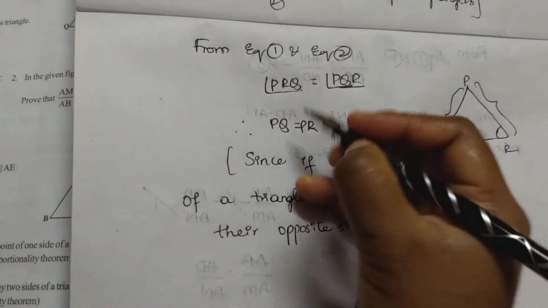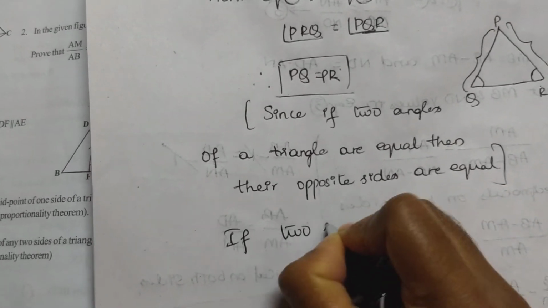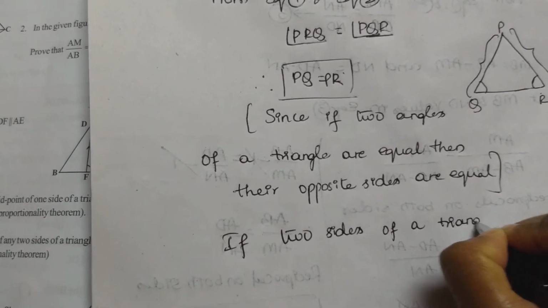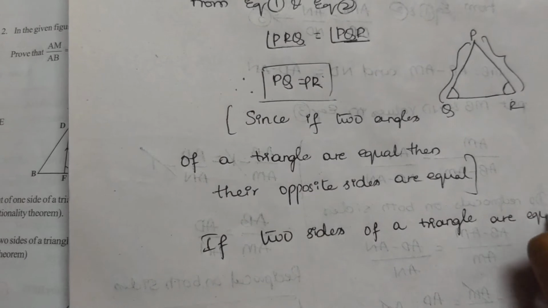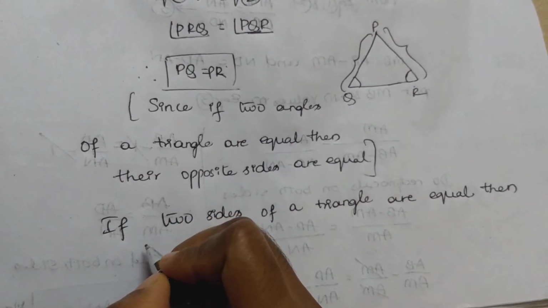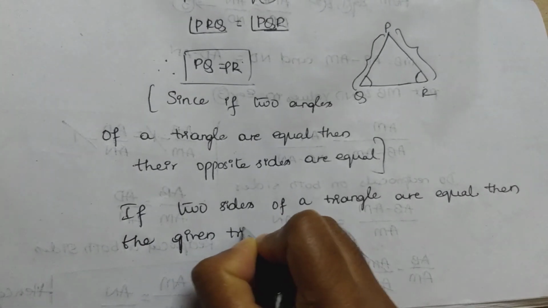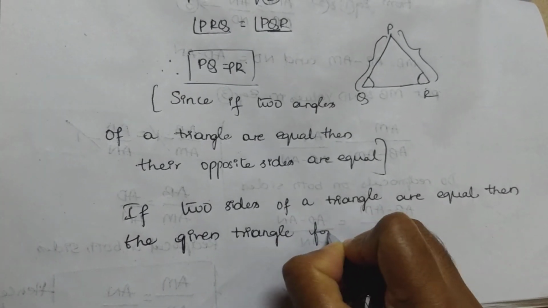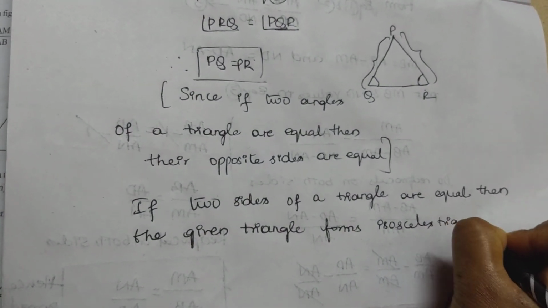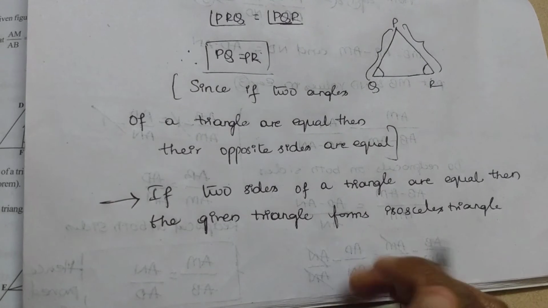If two sides of a triangle are equal, then the given triangle forms an isosceles triangle.